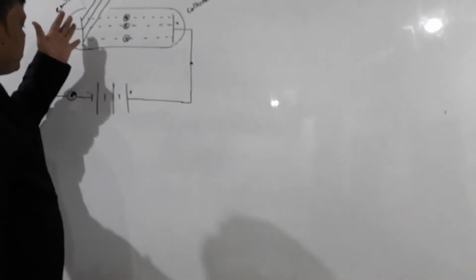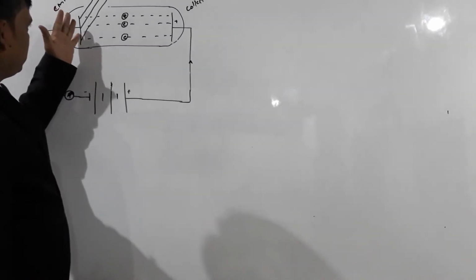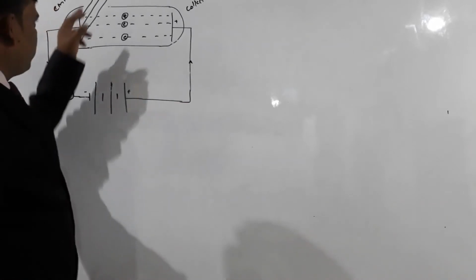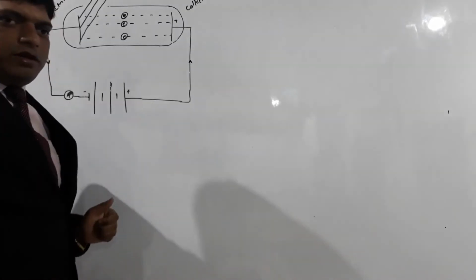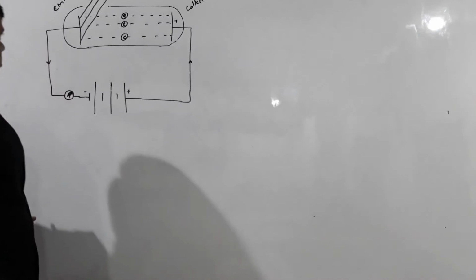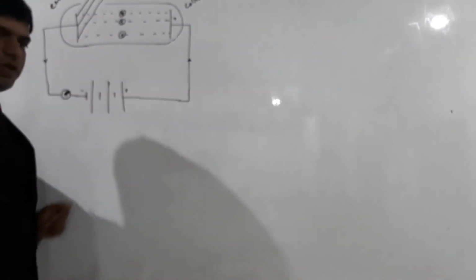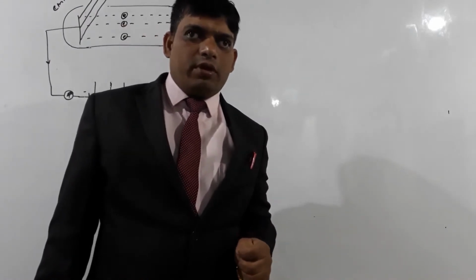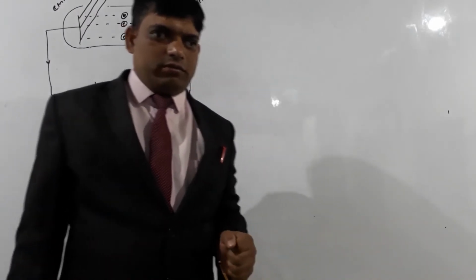As we have already discussed, some amount of energy gained by the electrons from the photons of the radiation is used to just come out from the metallic surface. That energy is called threshold energy or work function.